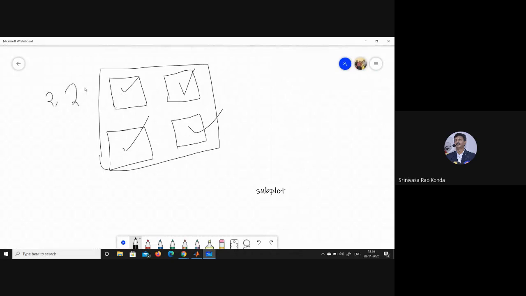Two rows, two columns, first window. This we call 2 2 1. Two rows, two columns, second window: 2 2 2. This is called 2 2 3. This is called 2 2 4.